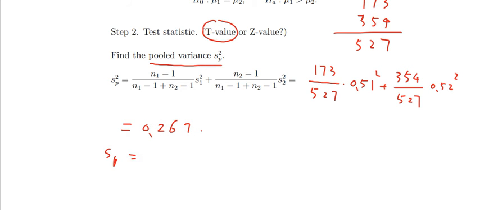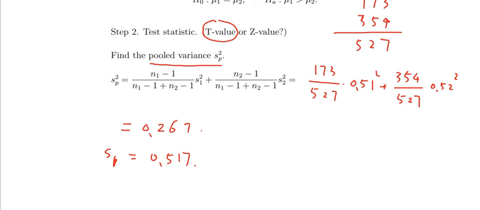Then Sp is just the square root, right? So Sp equals the square root of this, which equals 0.517.